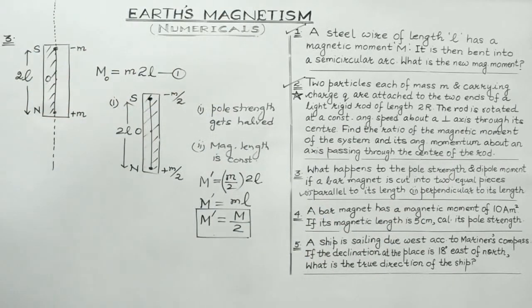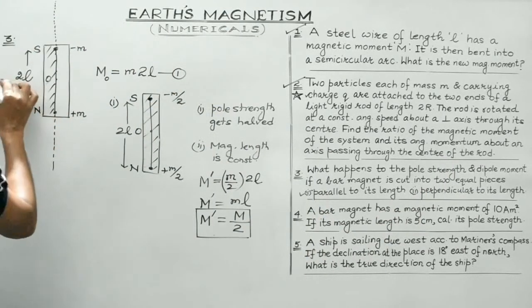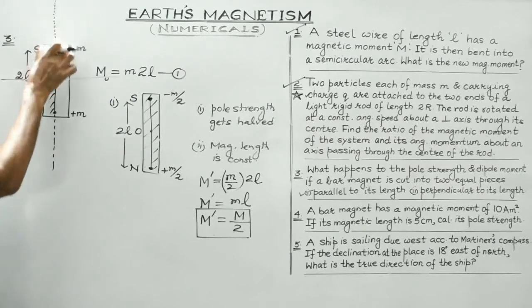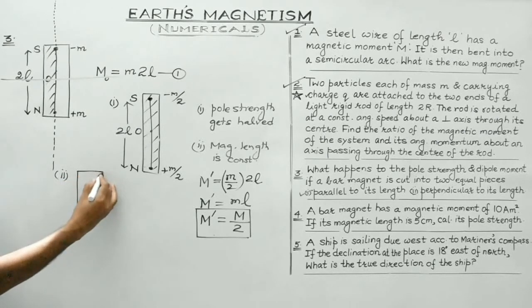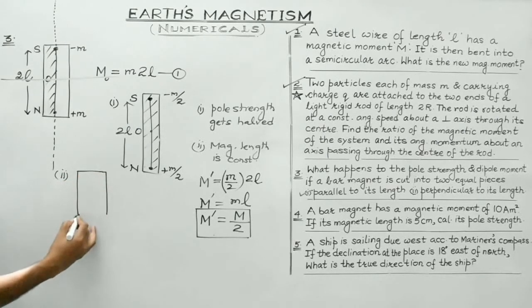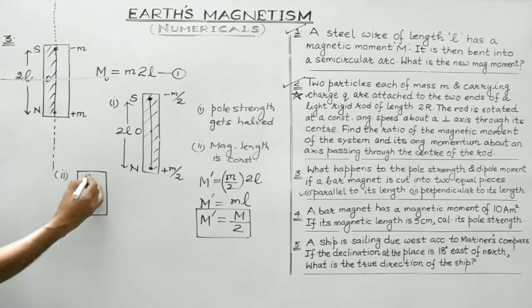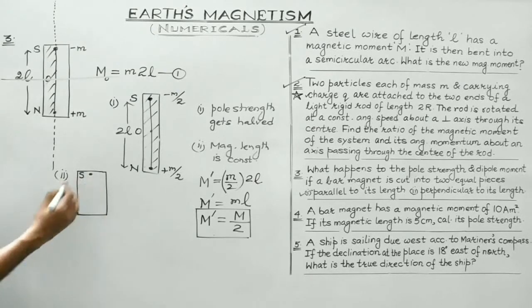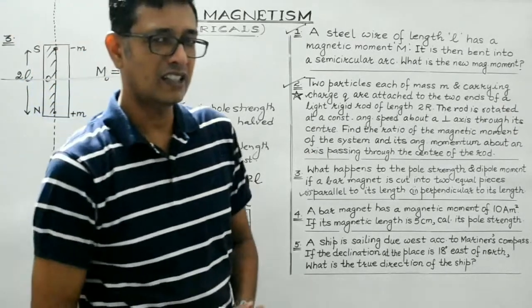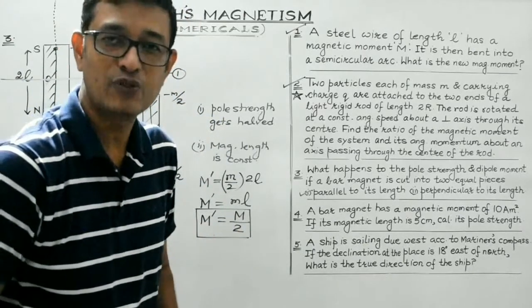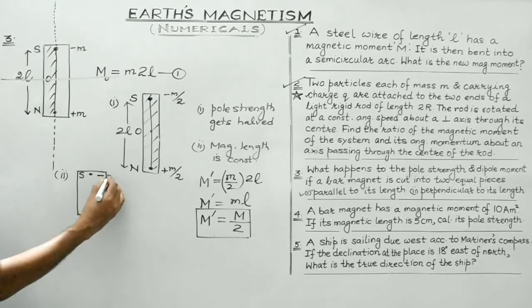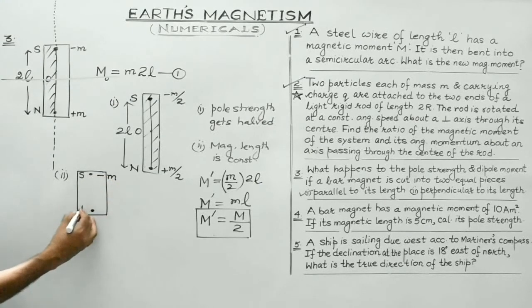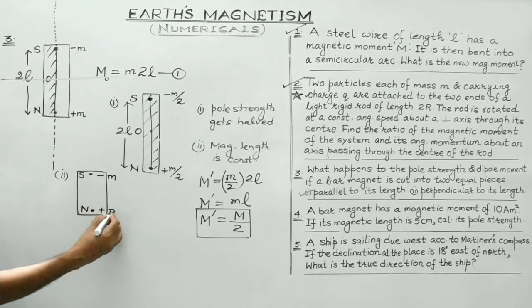Clear? Okay, let's concentrate on the second part. When it is cut perpendicular, perpendicular means it is cut like this. So this portion is to be considered. It is clear from the diagram that this is south, and as you are aware, whenever a magnet is cut into any number of pieces, each piece will contain equal and opposite poles. So here the pole strength will remain the same, and this end will develop a north pole with strength plus m.